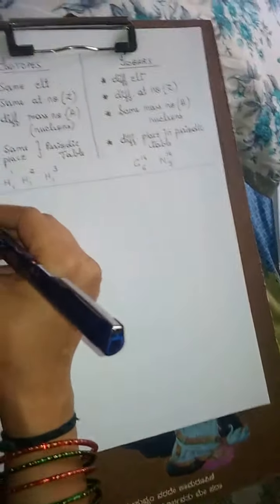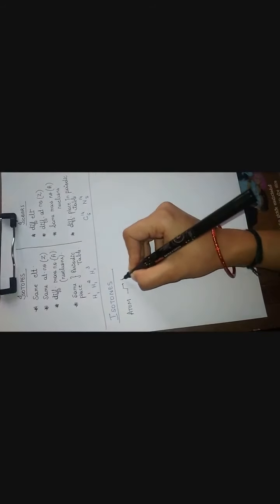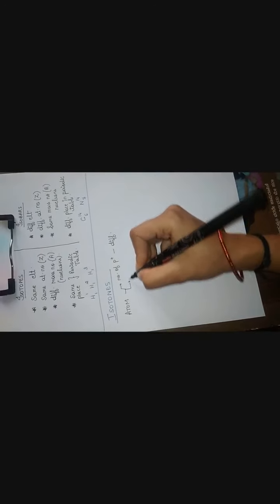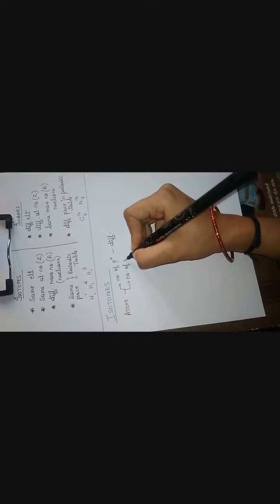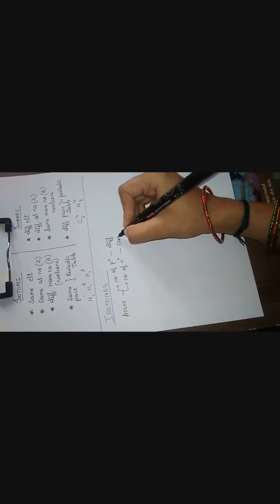Now let's move on to the next topic, that is isotones. Okay, so here it is the atom in which the number of protons are different, but the number of neutrons are the same.